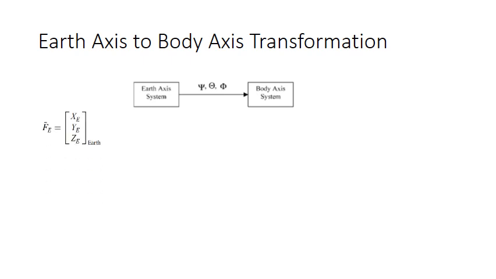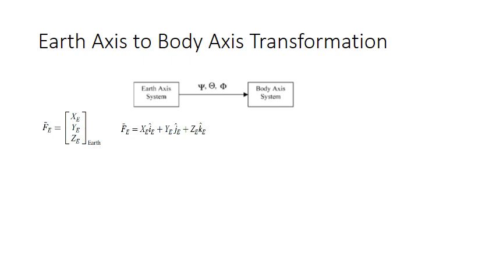So Fe equals Xe, Ye, Ze in the Earth axis system. So i hat E, j hat E, and k hat E are the unit vectors in the Earth axis system.